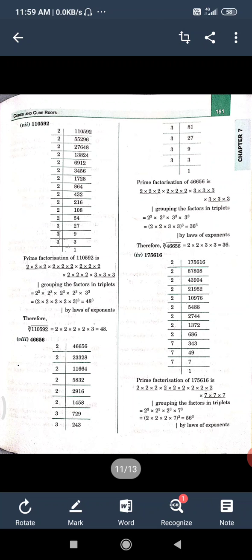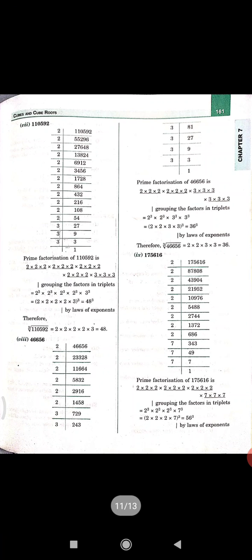Now number 9. 175616 divided by 2. So 87808. The last digit is 8. Divide by 2, 43904. Again divide by 2, 21952.